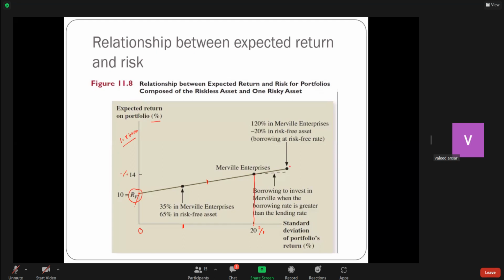But now this has extended up to here, because he has borrowed 20%, so his return will become higher, 24.8% here, somewhere here, and 14.8% will be his return if you draw a line. That is why the leveraged portfolio, the borrowed portfolio supplementing, is also very common in investing. Just to explain, here we have assumed that the borrowing and lending rates are the same.